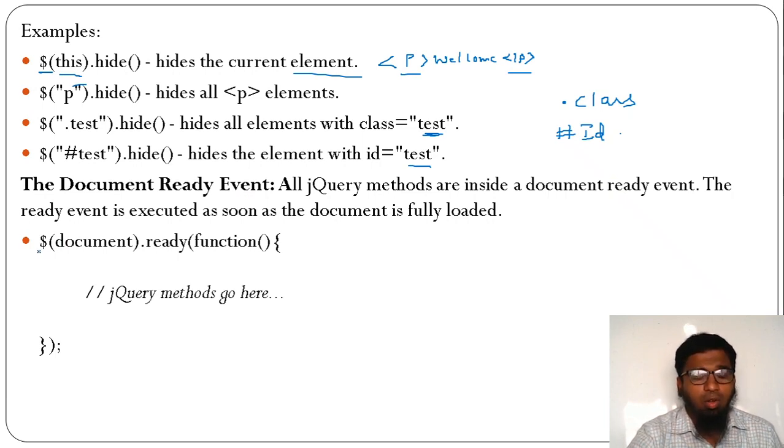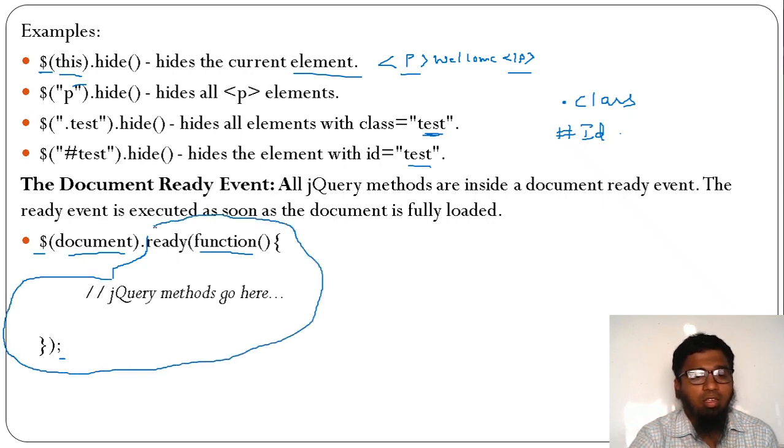So here: dollar document dot ready function, and whatever method you want to write, you can write here, and it will end with a semicolon. Clear? All the functions are written inside ready like this. So this is an example.